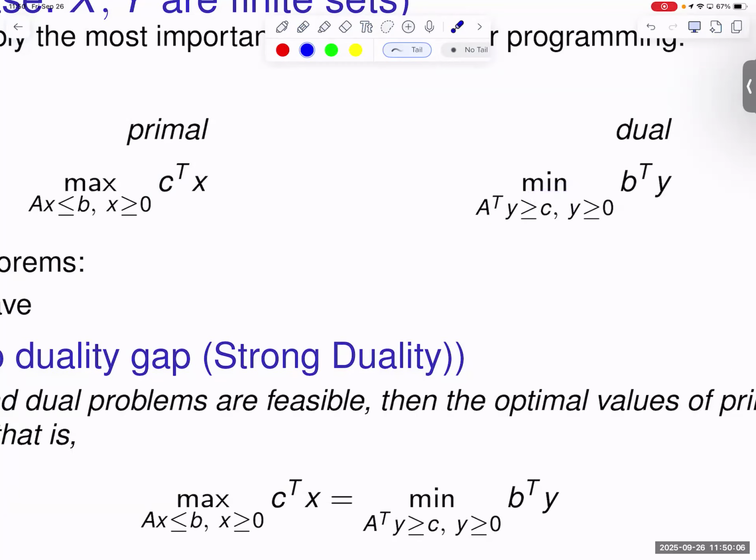And this B was a vector used in the constraint in the primal problem, but in the dual problem, this B is the gradient of the objective function. And this A was the coefficient matrix for the constraint in the primal problem. In the dual problem, you use A, but not exactly A, but A transpose.